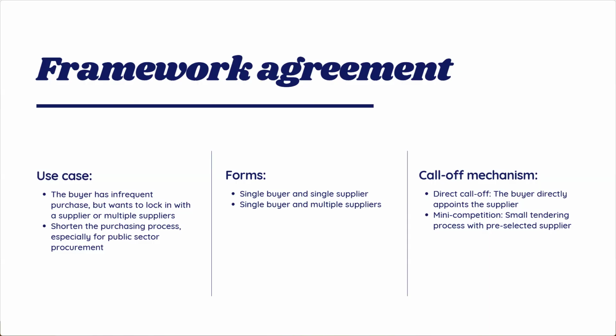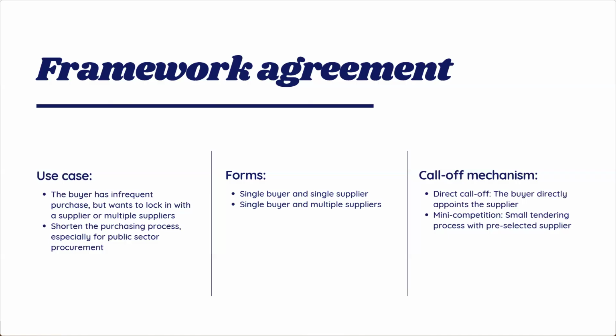In other cases, for example, you often have pretty sudden requirements from the end users. So you can try to find a few suppliers and include them within a list of the framework agreement. And then when the user raises a requisition, you can contact that supplier and require them to perform the job.